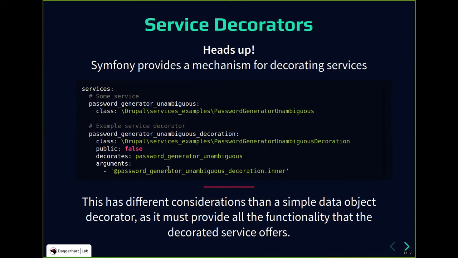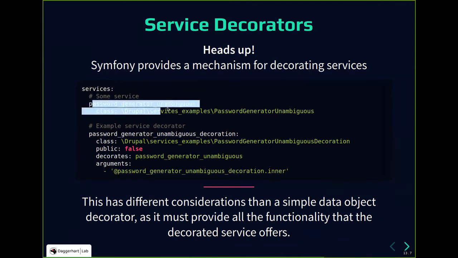Now, the result of what happens here is that when some other parts of the system request this service from the container, Symfony actually returns this service. So this service has replaced this service, sort of. Okay, here's what actually happens.